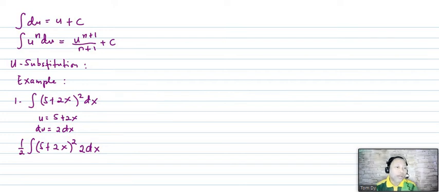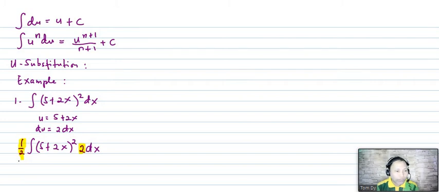Why do I need to write 1/2 here? The reciprocal of 2. Now, try to look at this one. If I highlight this 2, 1/2, and this 2, you will notice the integral of 5 plus 2x raised to 2 dx is equivalent to this one. But because our du is 2dx, I need to write 2, and when I write 2, I have to write here its reciprocal, 1/2.